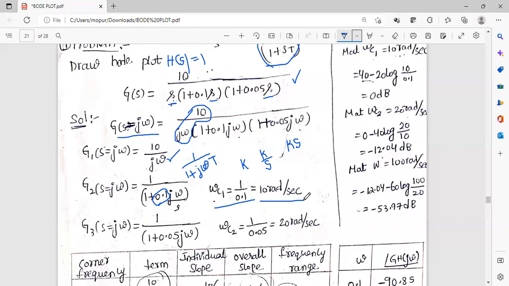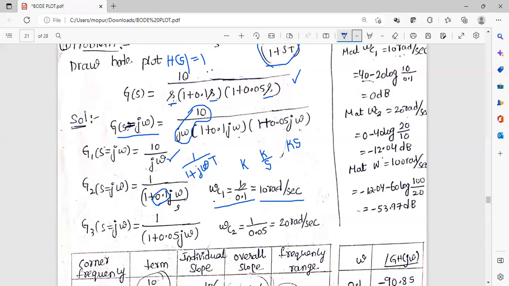So before 10 radians per second, the magnitude plot of this component will be 0 dB, a straight line with 0 dB. After 10 radians per second, the magnitude plot of this component will be a straight line with a slope of minus 20 dB per decade.